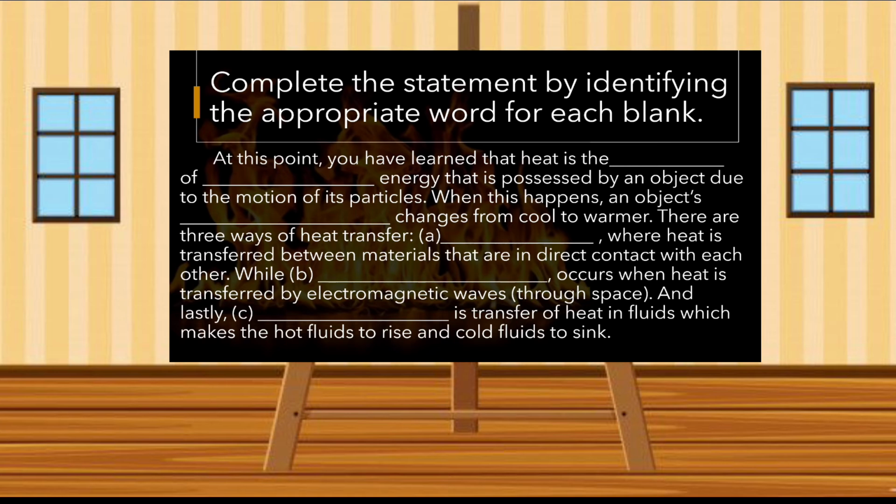A, where heat is transferred between materials that are in direct contact with each other, while B occurs when heat is transferred by electromagnetic waves through space, and lastly, C is the transfer of heat in fluids, which makes the hot fluids rise and cold fluids sink. I'll be giving you 2 minutes to answer.